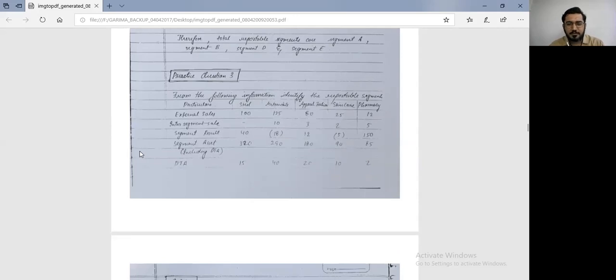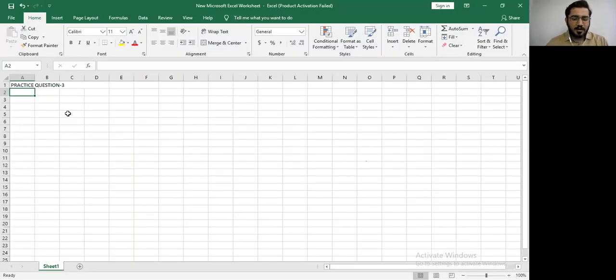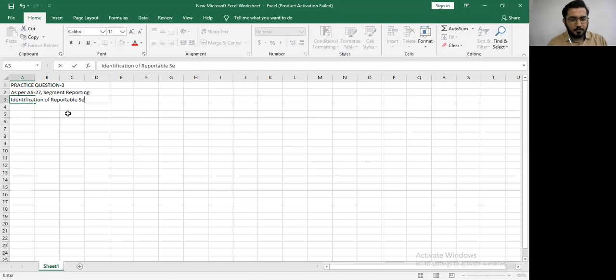Put your first statement. As per accounting standard 17, segment reporting: identification of reportable segments.